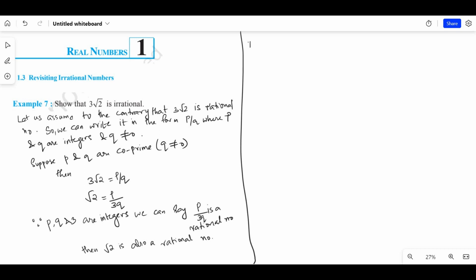So this contradicts the fact that root 2 is irrational. So we can conclude that 3 root 2 is irrational.